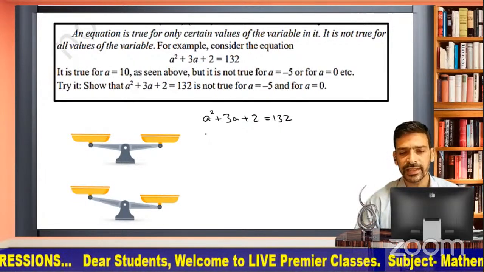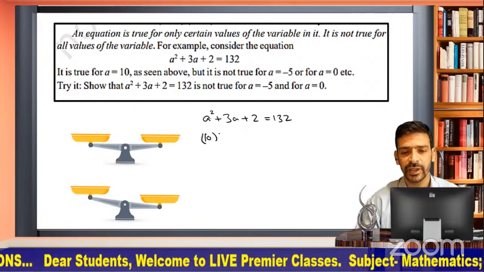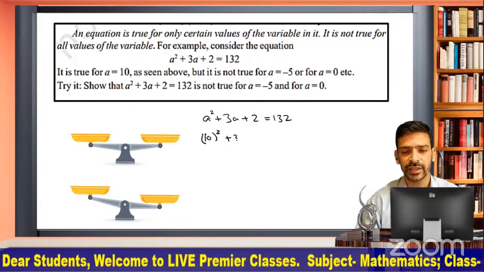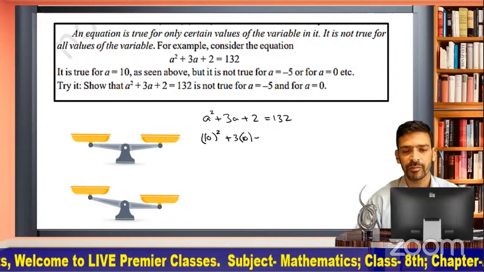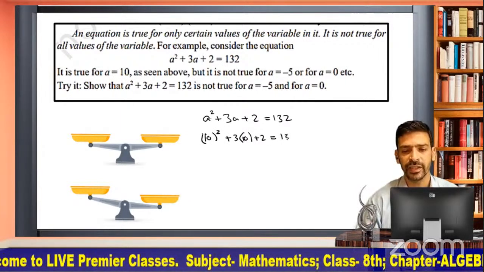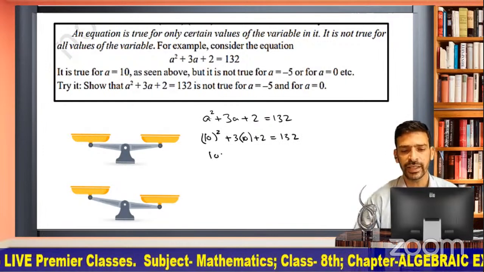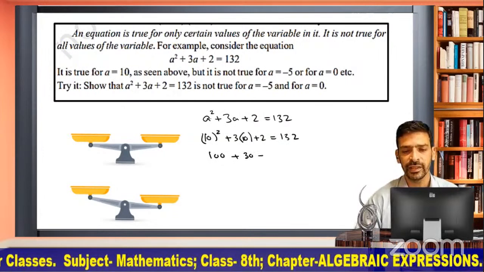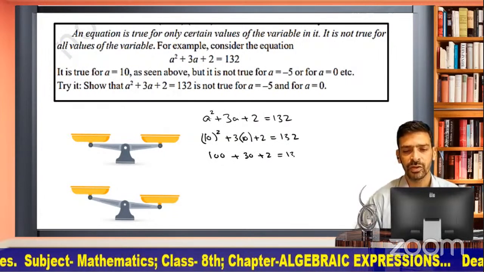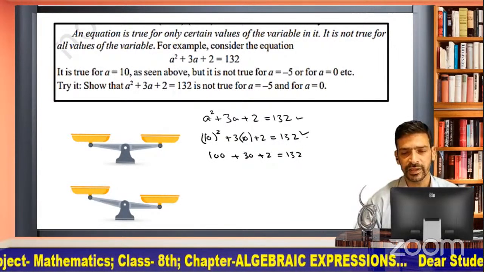Taking a as 10, 10 square plus 3 times 10 plus 2 equals 132. 10 square is 100, 10 threes is 30, plus 2, we have a right hand side, it is given. Okay?